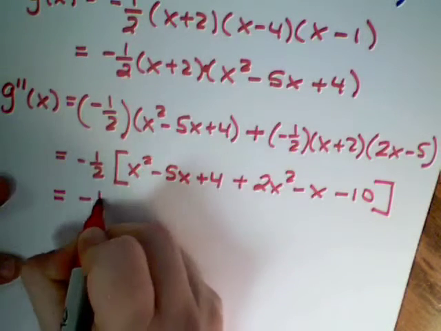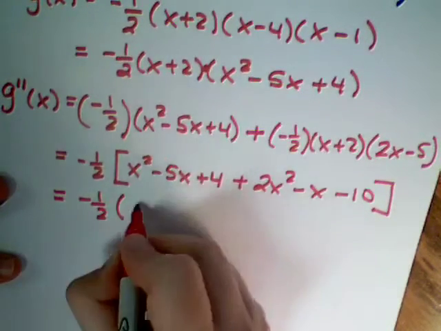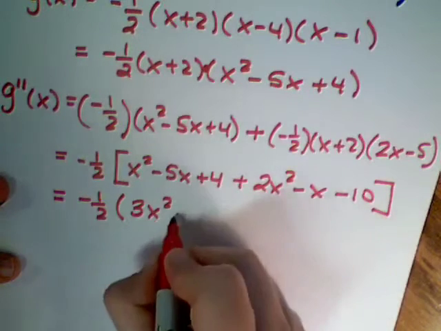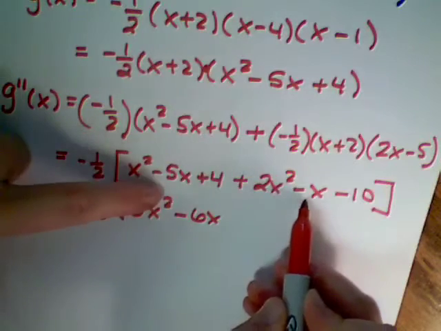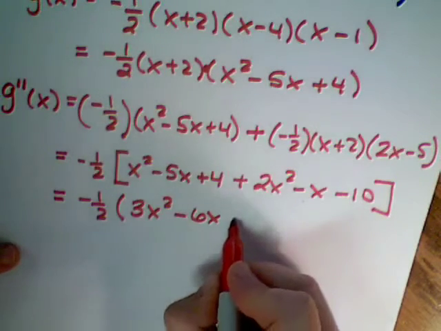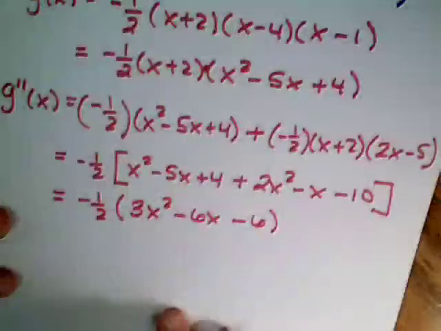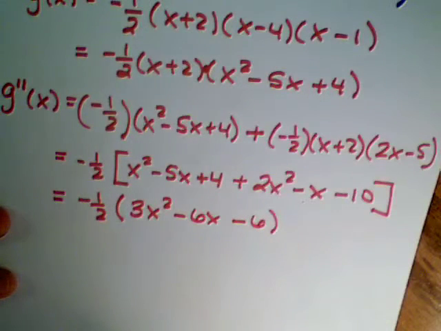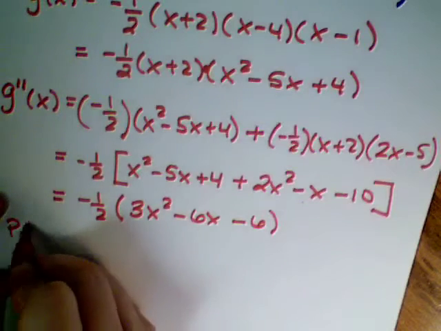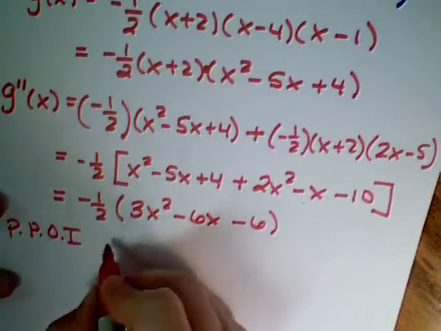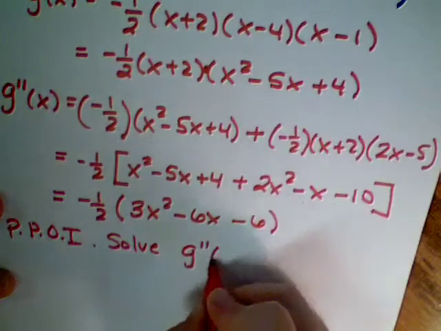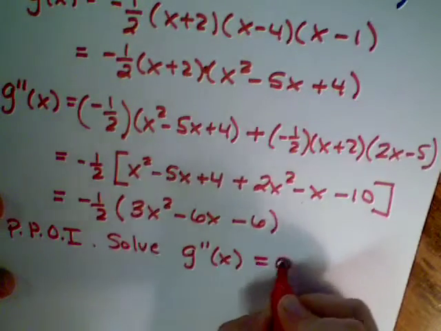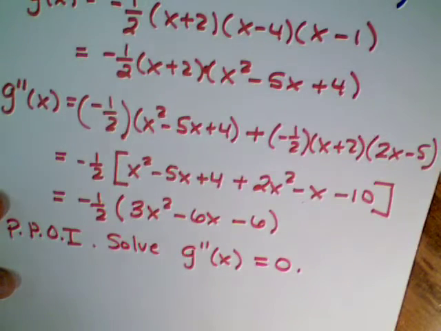And now we'll just go on and collect some like terms within the parentheses. 3x squared minus 6x minus 6. Nice. And to find the possible points of inflection, we're going to solve by setting g double prime equal to 0 and finding the zeros of g double prime.